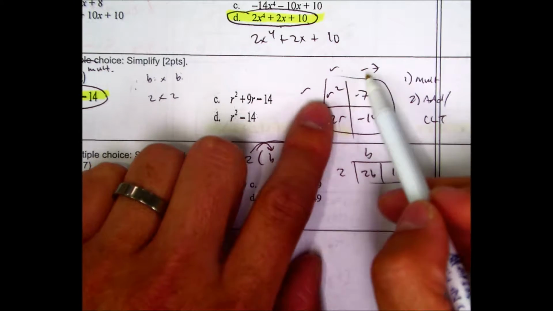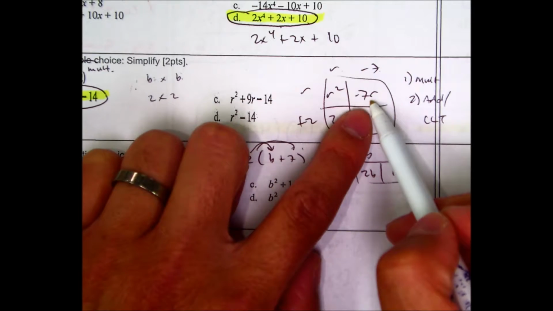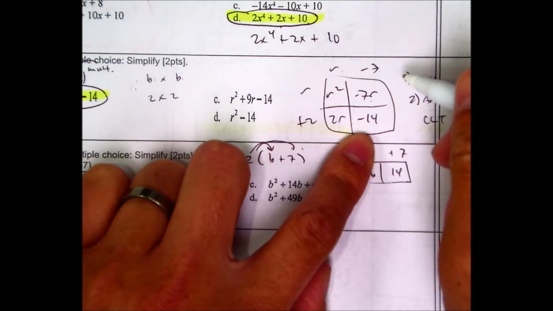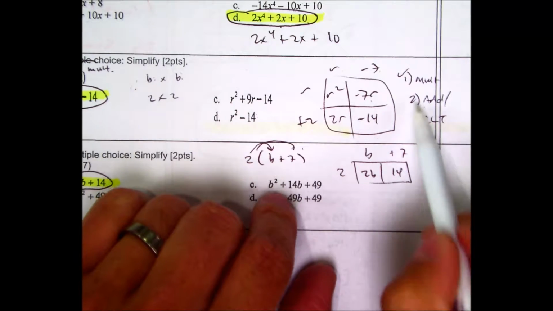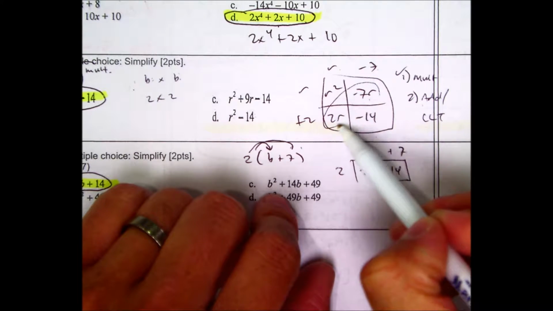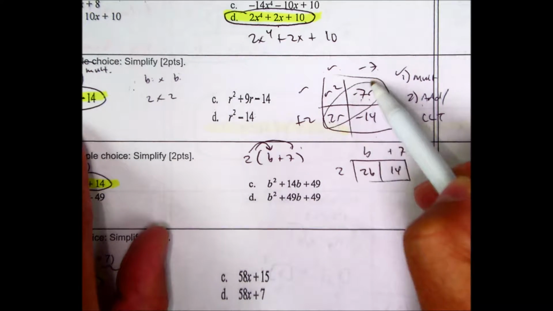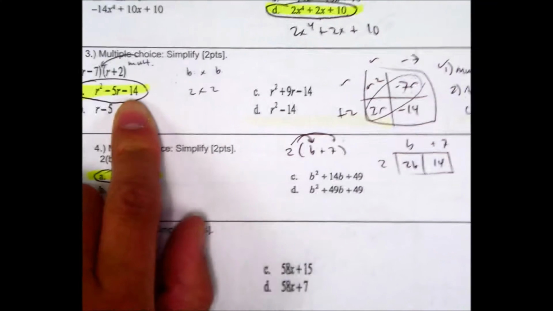R times r is r squared, -7 times r is -7r, 2 times r is 2r, 2 times -7 is -14, so there's our multiplying. Now we just need to combine like terms, so 2 and a -7 is -5, so r squared, -5r, and -14, that would be choice A.